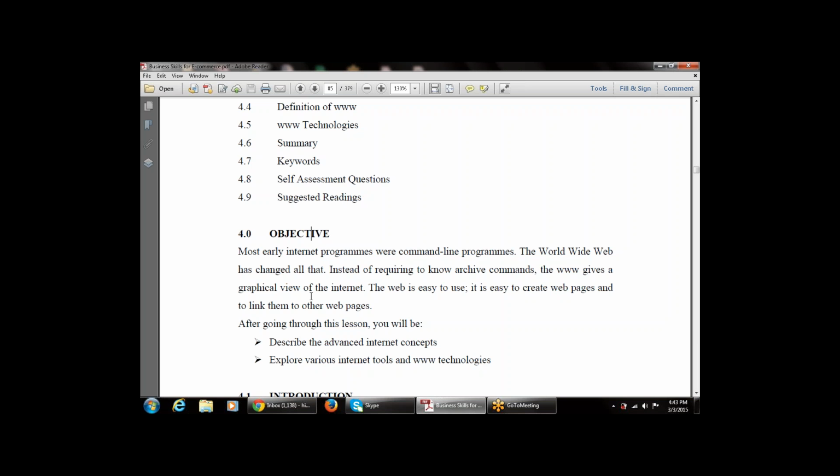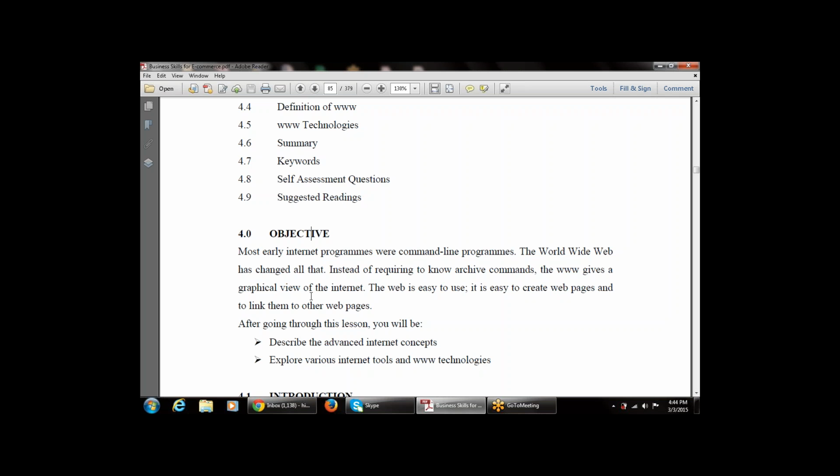That is not a GUI, that is a CUI, a character user interface. But as time has passed, the WWW has changed the command line interface. So instead of requiring you to know Archie commands, the WWW gives a graphical view of the internet.